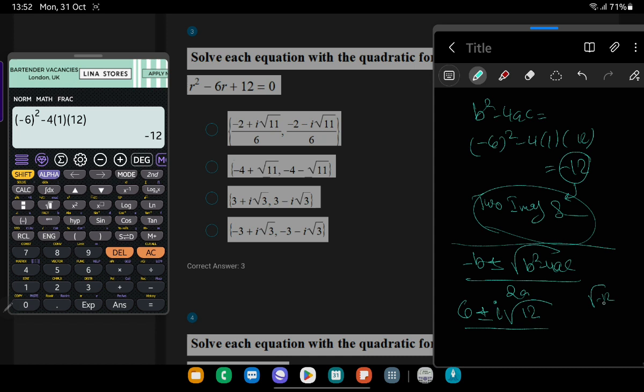Instead of writing root of negative 12, you write i root positive 12, over 2a, which is over 2. Now to find your answer, I need you to separate this into 6 over 2 for this part, which is 3, and root 12 over 2, which is root 3. So with i, you have 1 plus and 1 minus, and this is the answer.